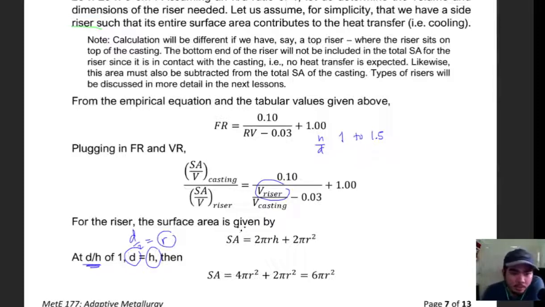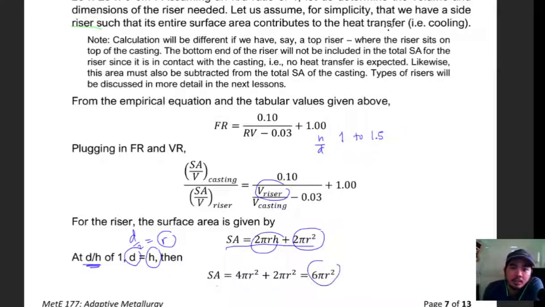Okay, so ito, the surface area of the riser is just 2 pi r h plus 2 pi r squared. So itong 2 pi r squared are the two circular na basal na areas. Tapos ito yung nasa parang transverse na area. Okay? Tapos ito, if we input the d over h, then you can simplify this.